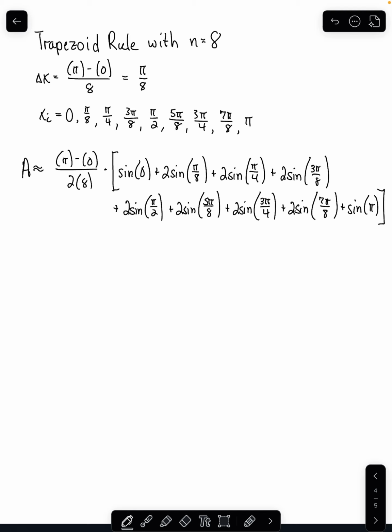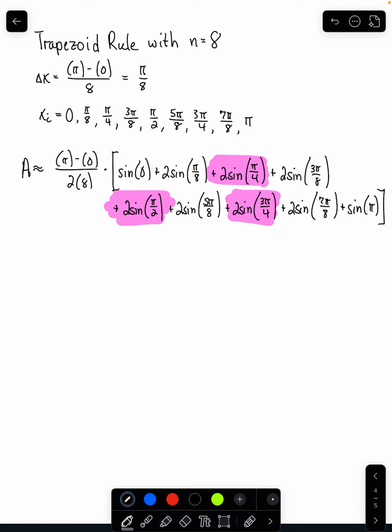So what we can do is take the 3 terms that we saw in the previous example, because we already know what those 3 terms evaluate to. Of course, the sine of 0 and the sine of pi are both 0, so they do not figure into this at all.